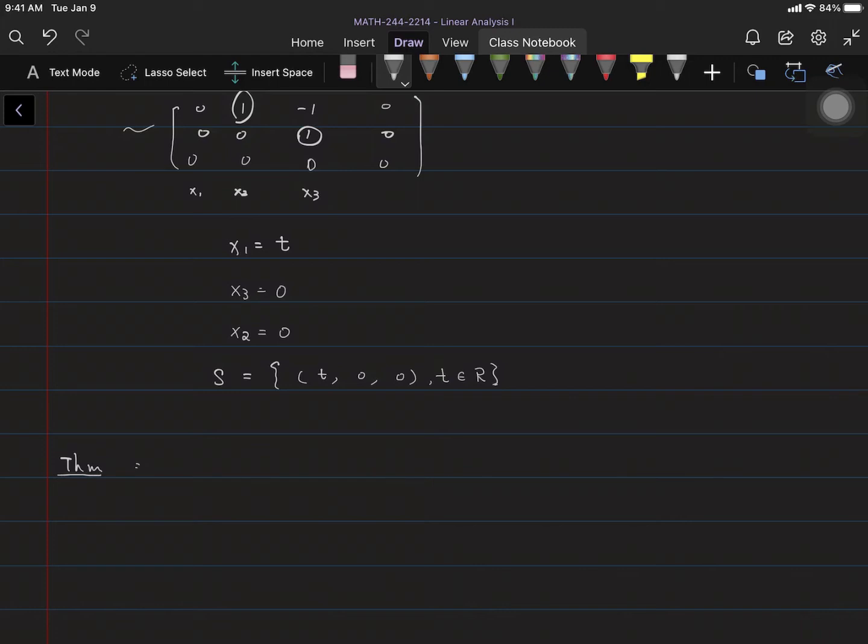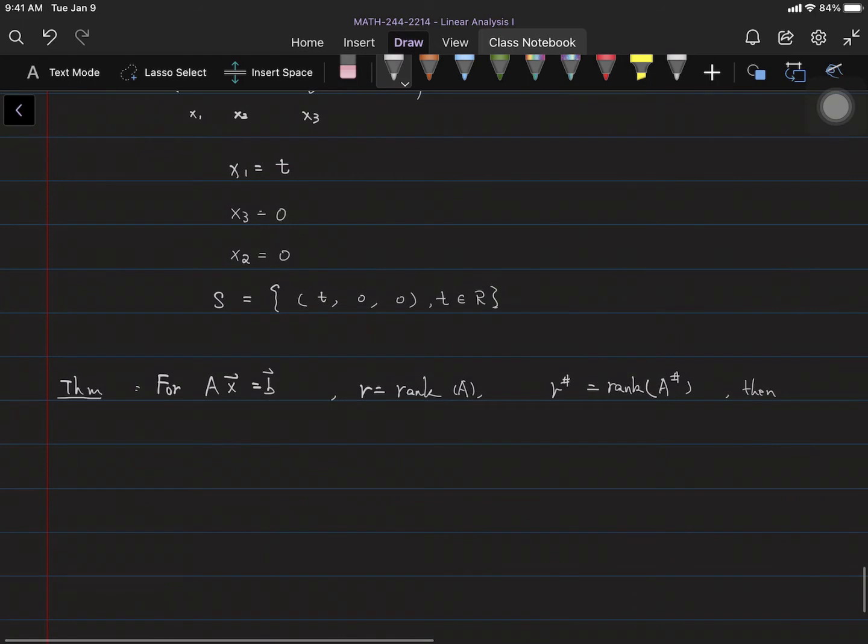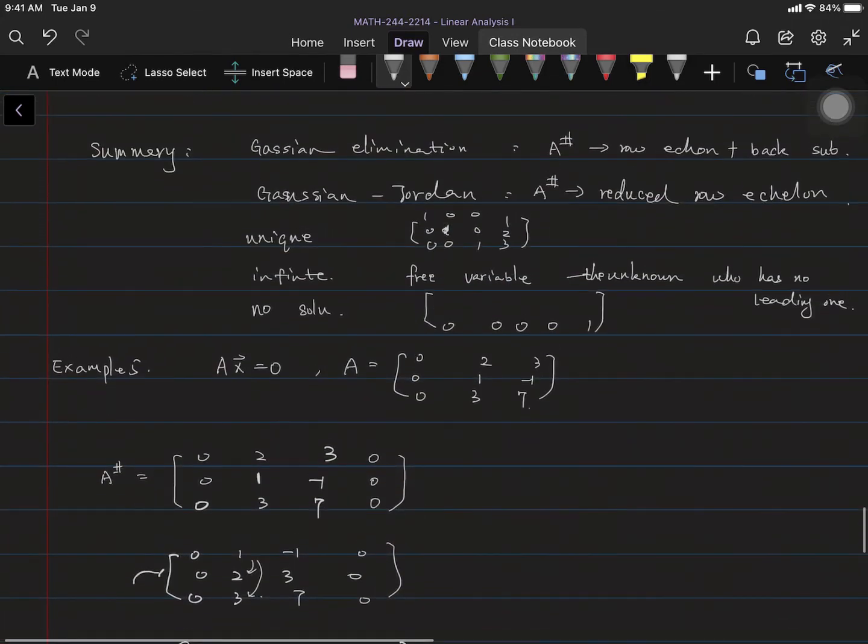Now let's have a summary, the theorem. Consider a linear system Ax equals b. Let r be the rank of A, and let r-bar be the rank of the augmented matrix. Let's see the first conclusion. If r is less than r-bar, what does that mean? It's kind of like this case.